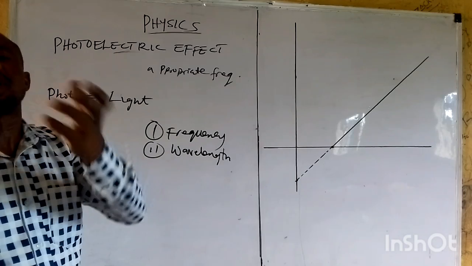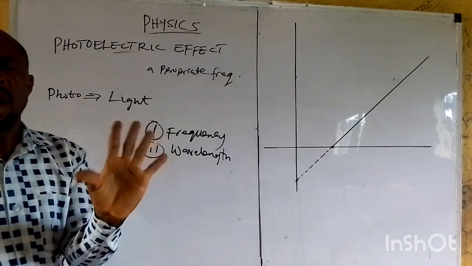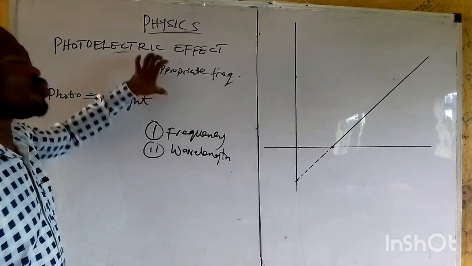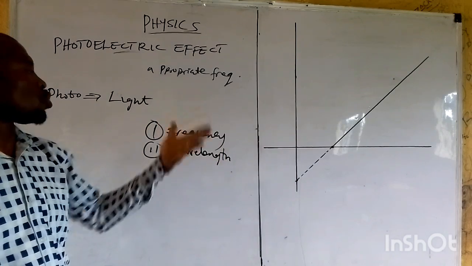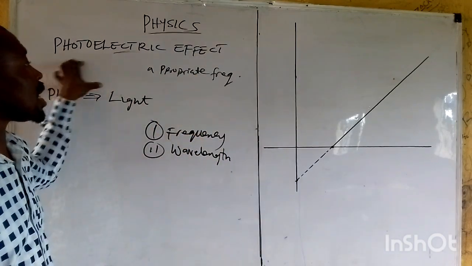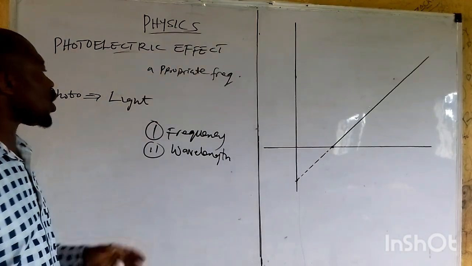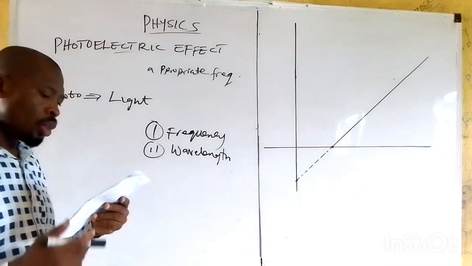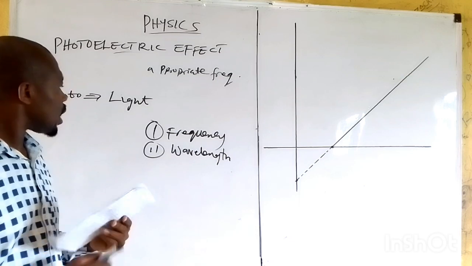In fact, the only thing that will happen is total absorption of that incident radiation. So, for photoelectric effect to take place, the wavelength must reach a threshold, and frequency also must reach a threshold. That is why we say there must be appropriate frequency or sufficient frequency.